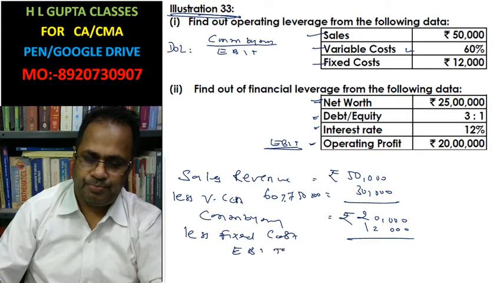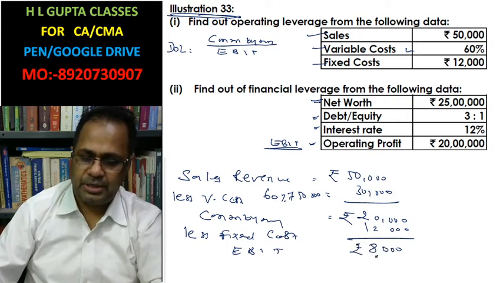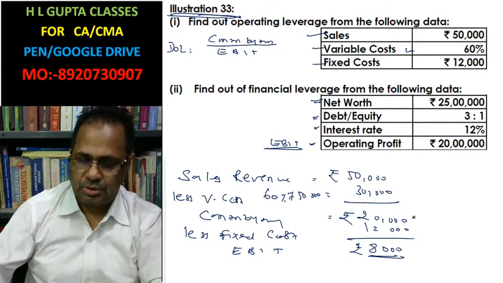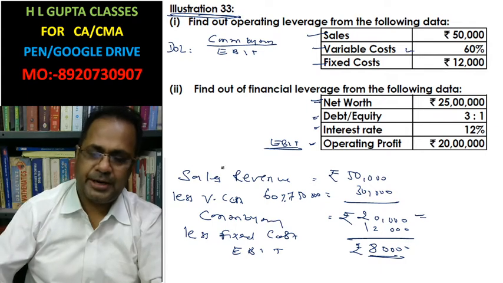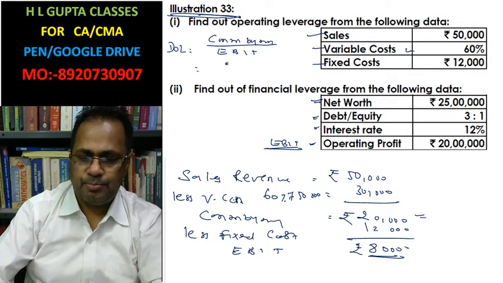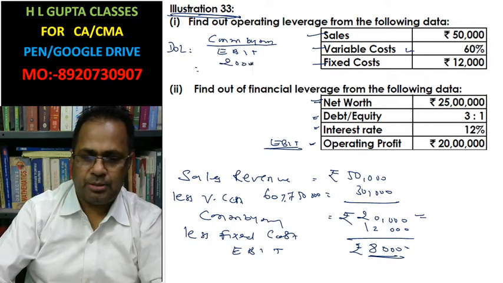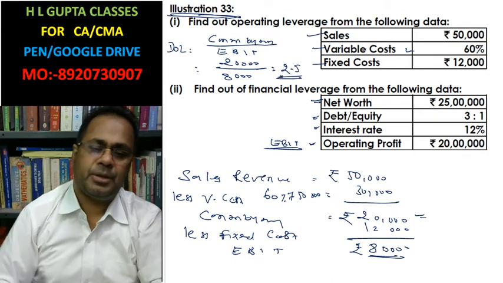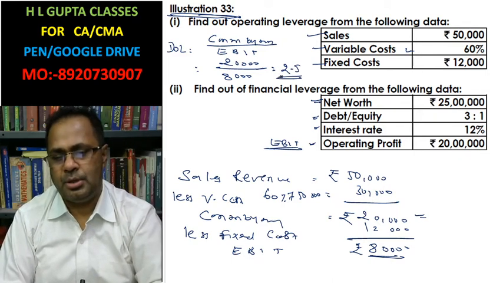EBIT is 8,000. Now contribution is 20,000 and EBIT is 8,000. You can write here 20,000 divided by 8,000. This is 2.5. Degree of operating leverage is 2.5.